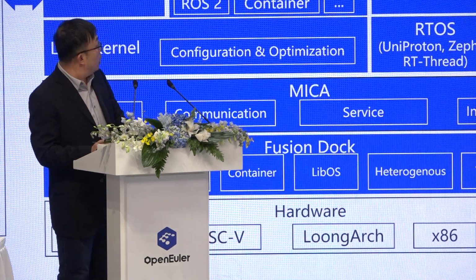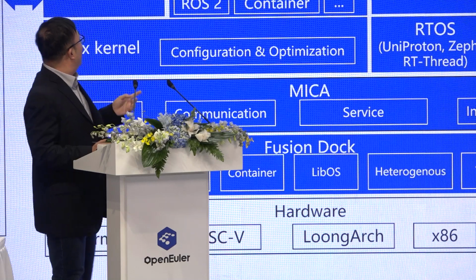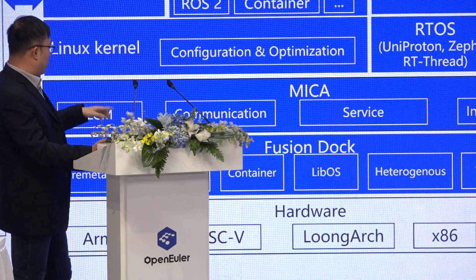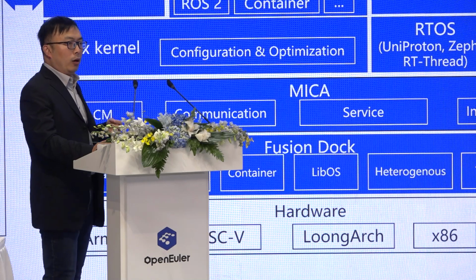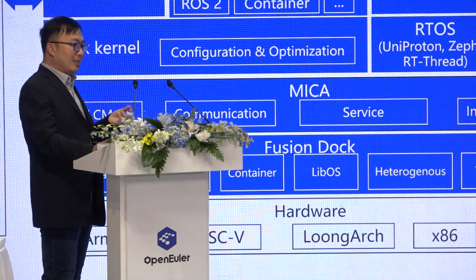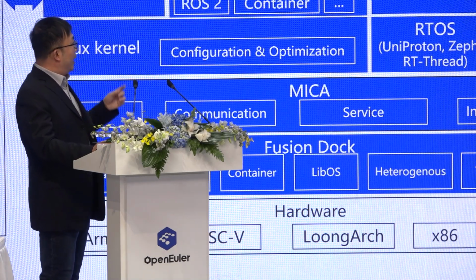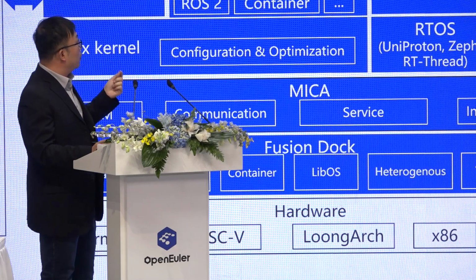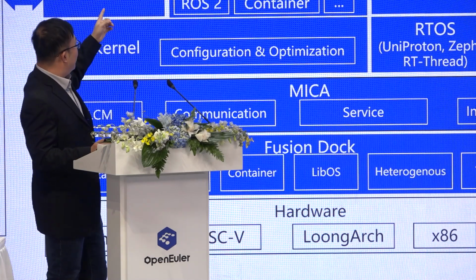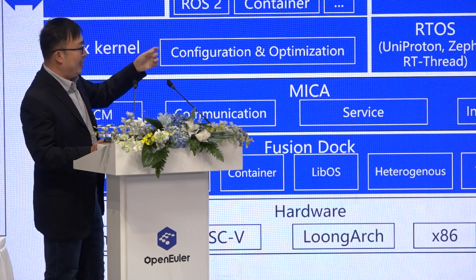So this is openEuler's architecture, from bottom to top. In hardware, we have more diverse hardware, and then server and cloud. In applications, as I said before, openEuler embedded is facing OT scenarios, so you can find PLC, renewable energy, right?